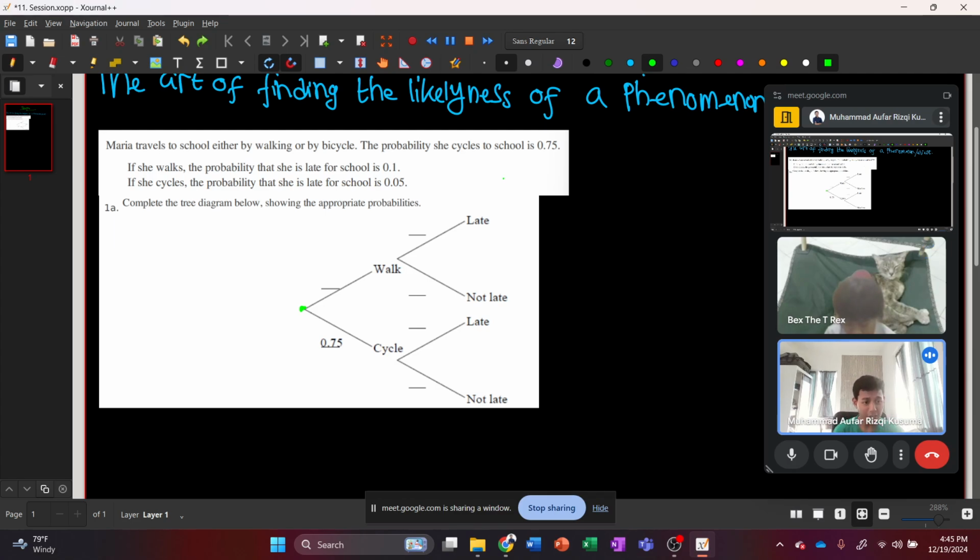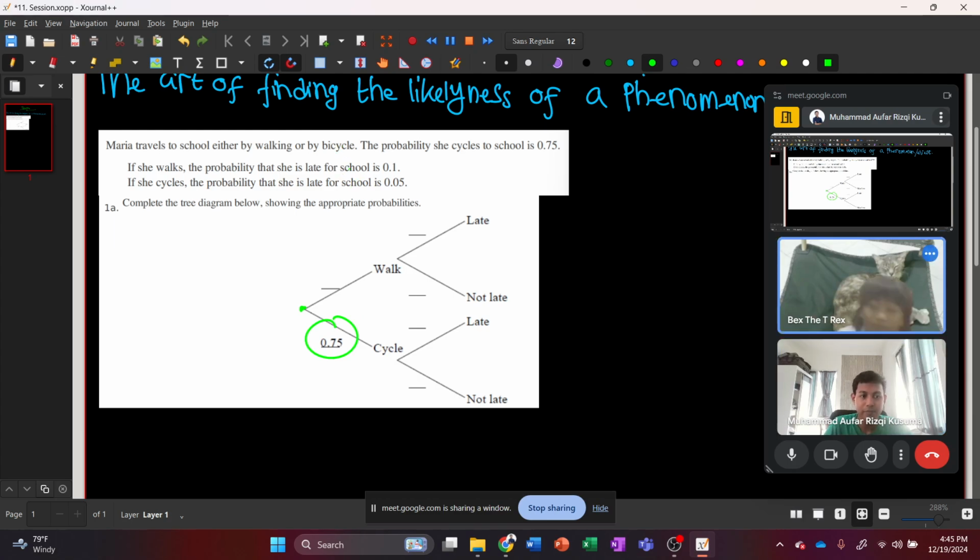But the concept is like this. The question says that Maria traveled to school either by walking or bicycle. That means the total probability of Maria walking or cycling is 100%, in decimals, one. We don't know how many by walking, how many by bicycle, but we know that by bicycle the probability is 0.75.